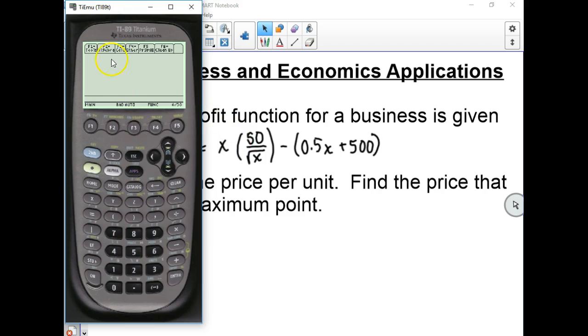So to do the derivative, we'll do F3, Differentiate, and type in our equation. What have I done? Oh, it's just messing up.